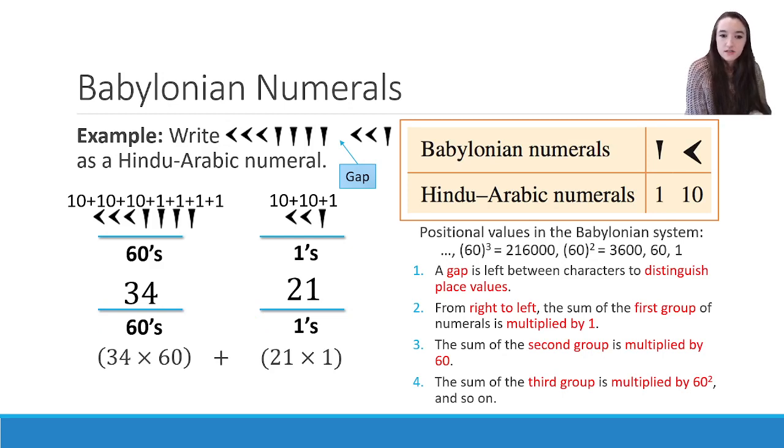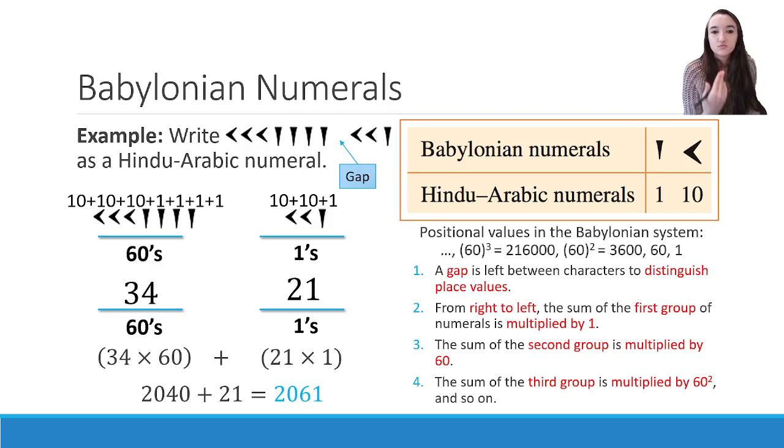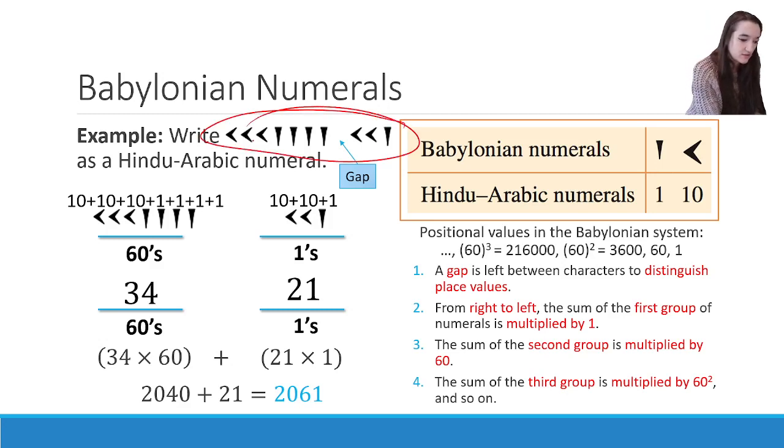Together, that's 2040 plus 21, which is 2061. And so that is what this represents in Babylonian, 2061.